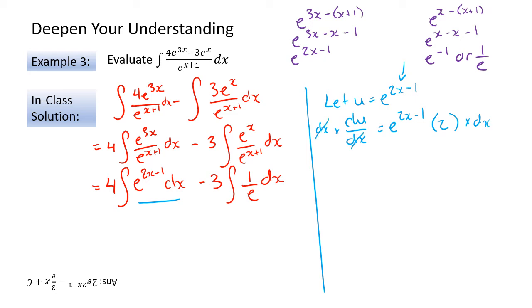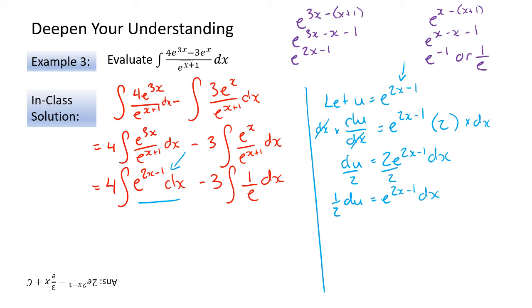And I get du is equal to 2e to the 2x minus 1 dx. Okay? And you can see I only have e to the 2x minus 1 times dx here. So I don't want that 2 on the right-hand side, so I'm going to divide both sides by 2. And we have 1/2 du is equal to e to the 2x minus 1 dx.